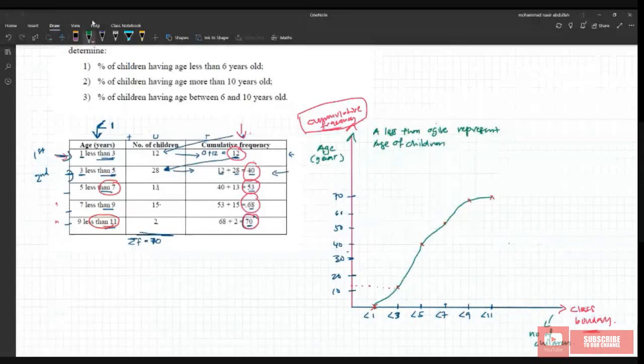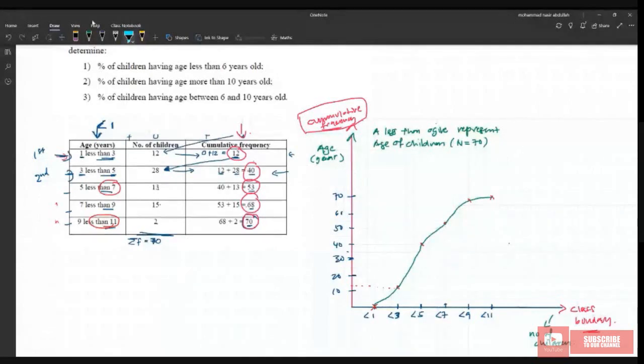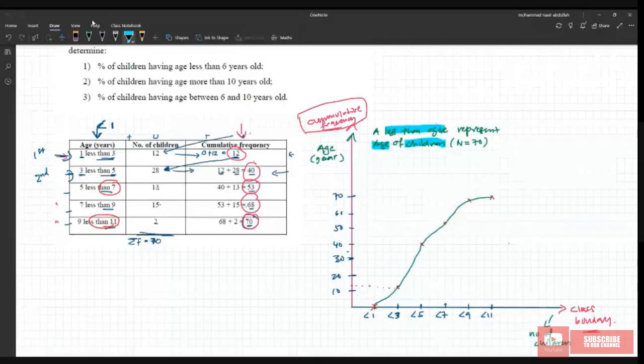So capital N is equal to 70, right? Remember the requirement for writing a title for the graph: you should have the name of the graph, which is less than ogive, and the variable involved in the graph, right? So this is a less than ogive.